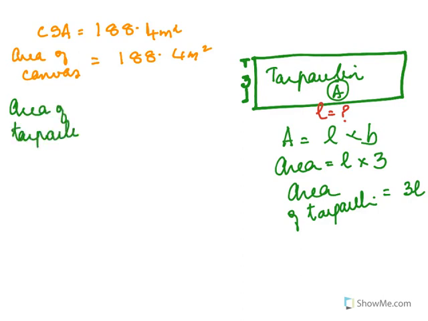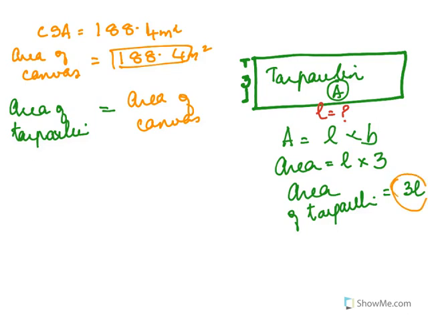Now because I'm making the tent of tarpaulin, the area of tarpaulin should be equal to area of canvas, this canvas that I have found. Which means my 3L, which is area of tarpaulin, should be equal to 188.4 meter square.